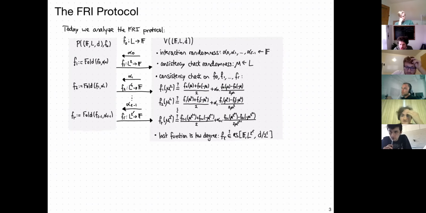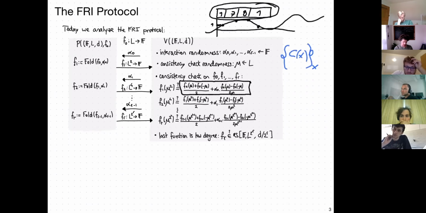Okay, I'm not sure I see what you're saying. Maybe you can point out where it appears on the slide? Yeah. What was confusing for me is that on the verifier's side, we write f0 evaluated at mu.